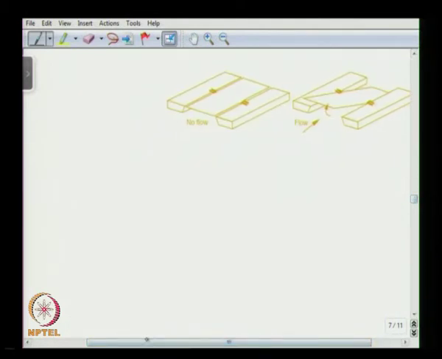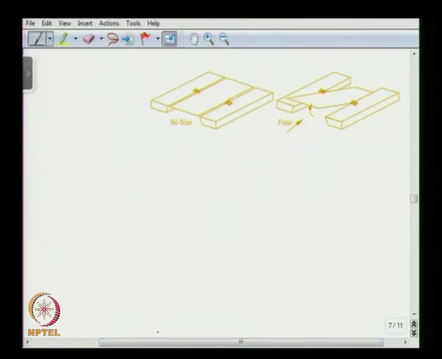So, let us talk about the lift force flow sensor. This lift force acts in a direction perpendicular to the flow direction, normal to the flow direction, as opposed to the drag force which occurs along the direction of the flow, okay.